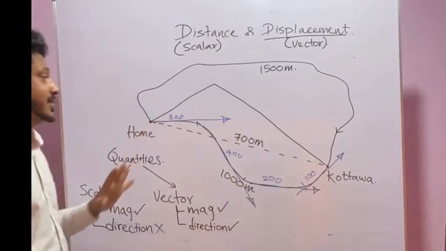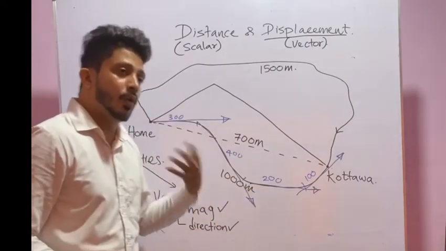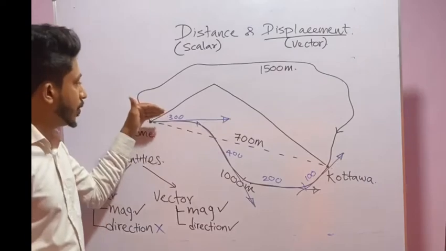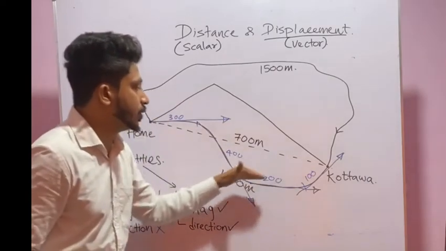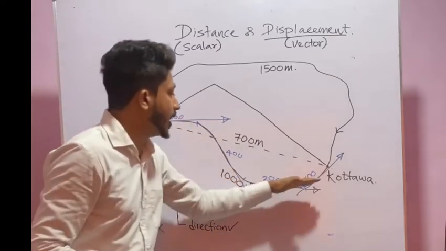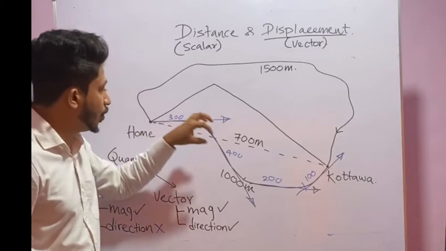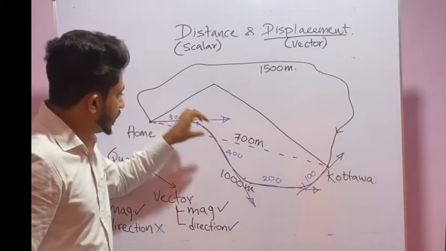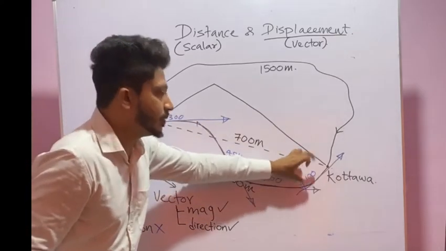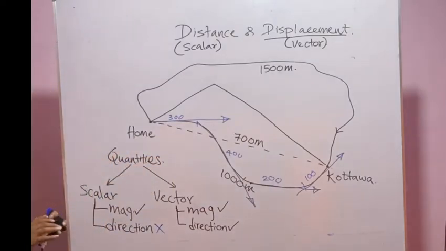I haven't considered the direction, and I don't want the direction actually. I just want to sum up all these values together. It does not depend on the direction I have traveled. What I wanted to do is just add this figure to this figure, this figure to this figure, and this figure to this figure. So I don't want the direction actually.